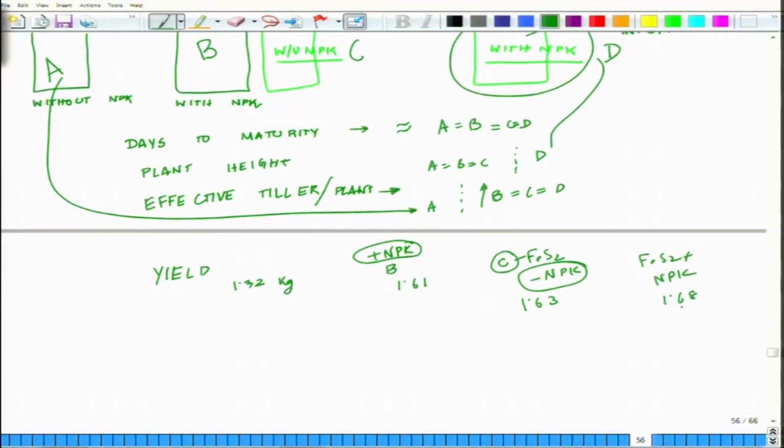So, in other words, what we are observing is that nanopyrite seed dressing in the case of rice leads to NPK-equivalent rice production.